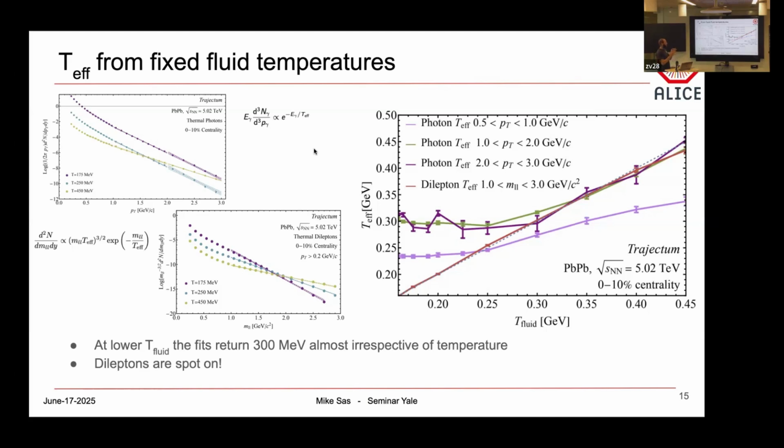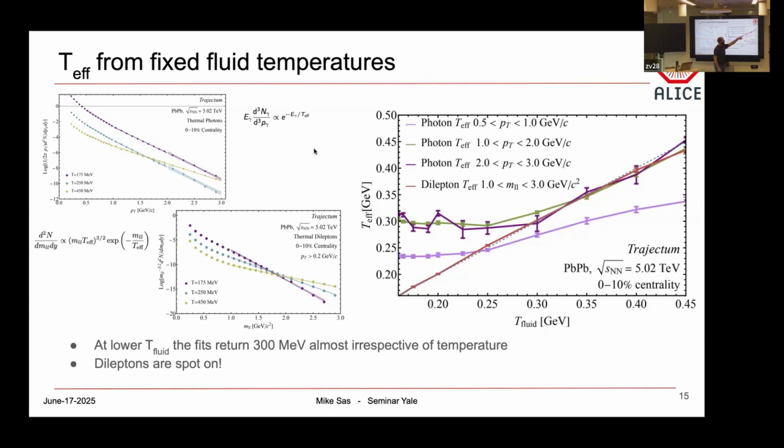What is nice about that is that we can fix, for example, the fluid temperature at 300 MeV. We let everything evolve and get a spectrum from that. Then we do our photon and dilepton analysis, and we check: if we fit this spectrum, do we get back that temperature? It's a very logical question. If we fix the temperature exactly and then fit it, we want to find back the same answer.